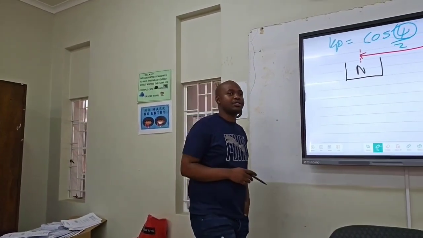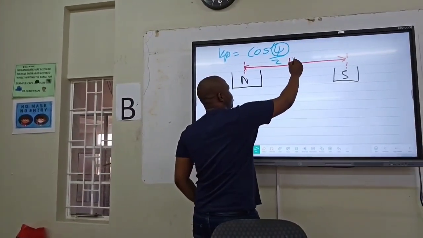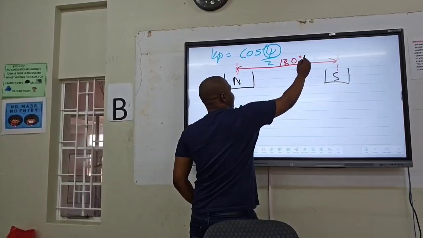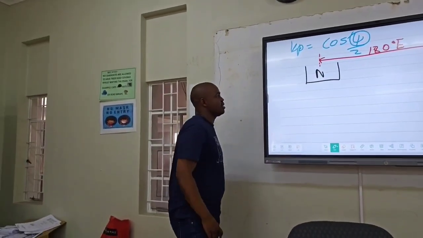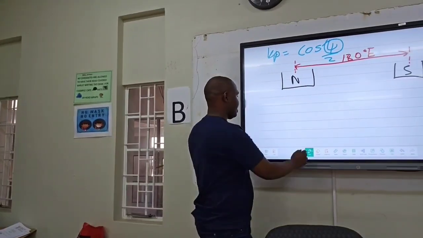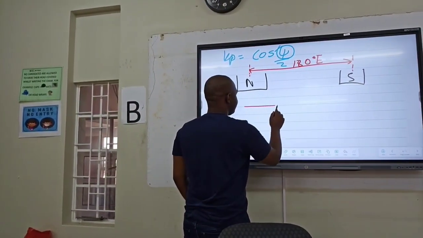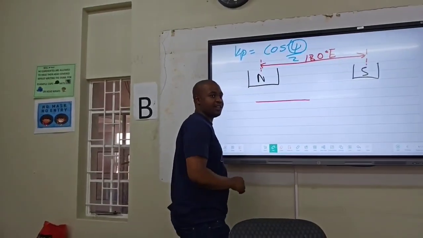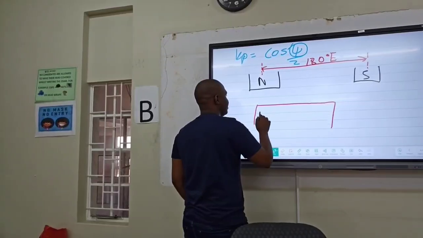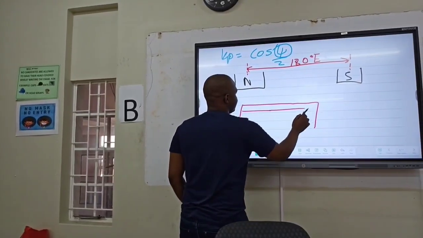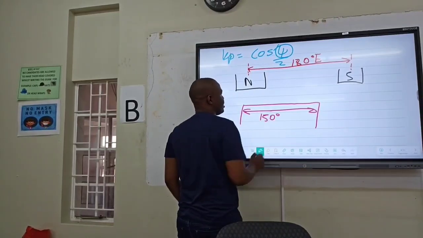That is the pole pitch, and the pole pitch is always equal to 180 electrical degrees. Now, the coil span is the angle between the sides of a coil. The coil span here is 150 degrees.